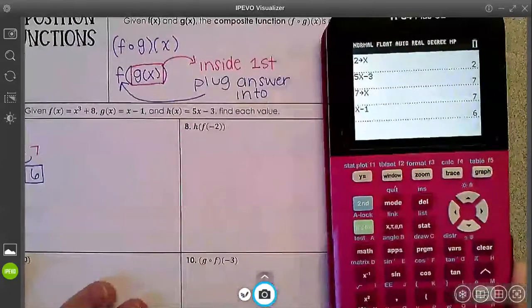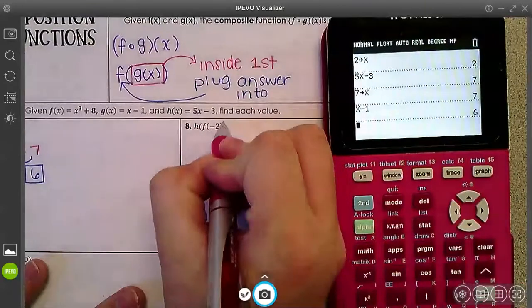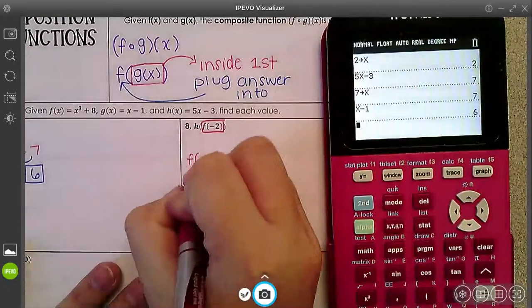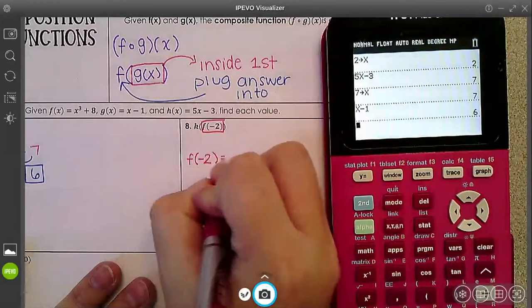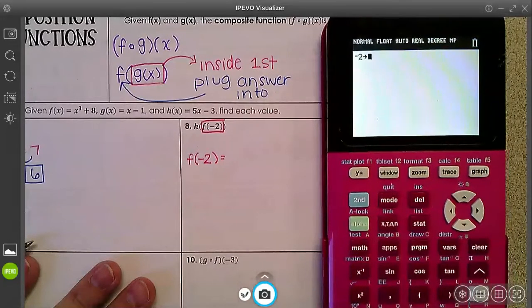So let's try another one. We're going to do the inside first. So we're going to do f of negative 2 first. So negative 2, store that as x.